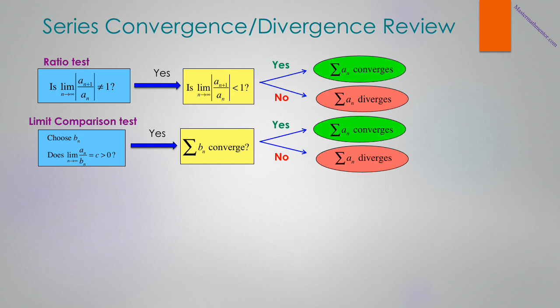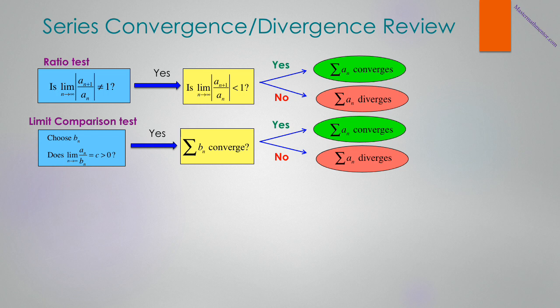If you've gotten to this next step, it's because the ratio test gave a result of 1 and was inconclusive. So you go down to the limit comparison test. You choose some other series b sub n and look at the limit as n approaches infinity of a sub n over b sub n, which, if finite, will give you a value of c, and we're interested in whether c is greater than 0.